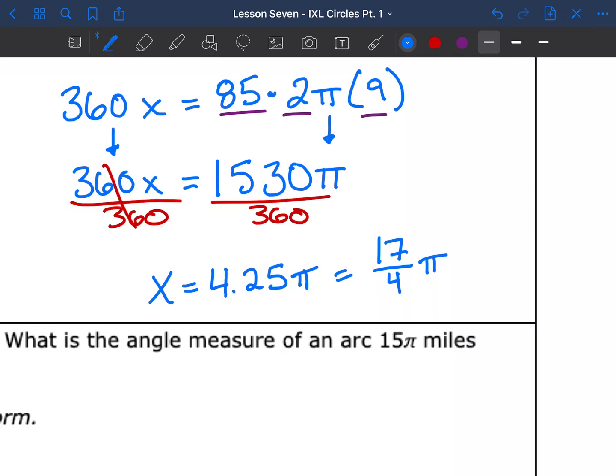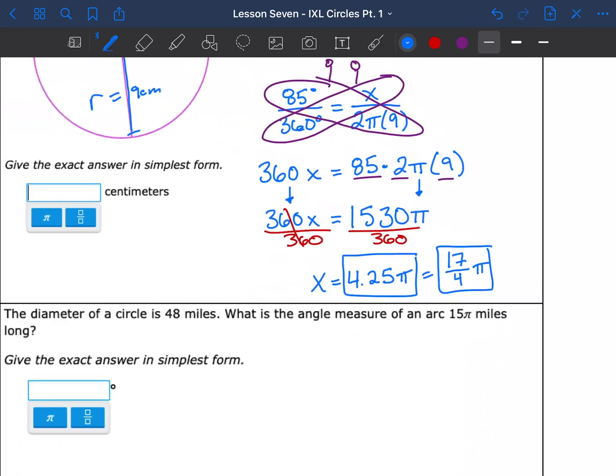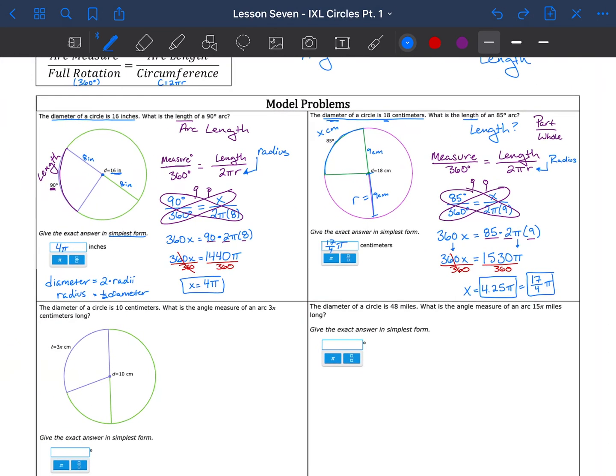You can double check: 17 divided by 4, you should get 4.25. So I would go with this, but you might be fine with a decimal. You would put 17 over 4 using the fraction button, and then put the pi using the pi button. And there you go. So with those, that's finding arc length.